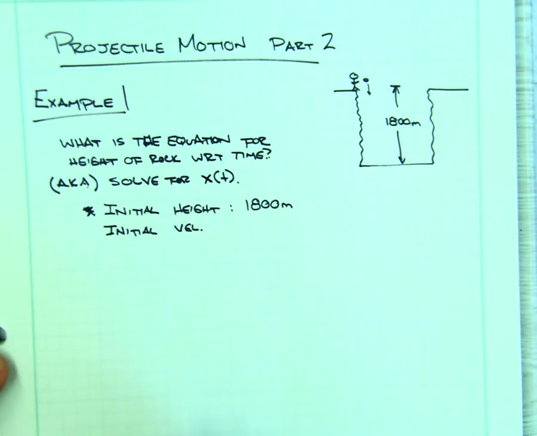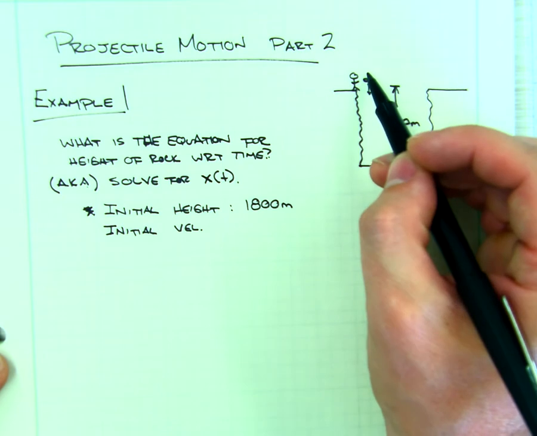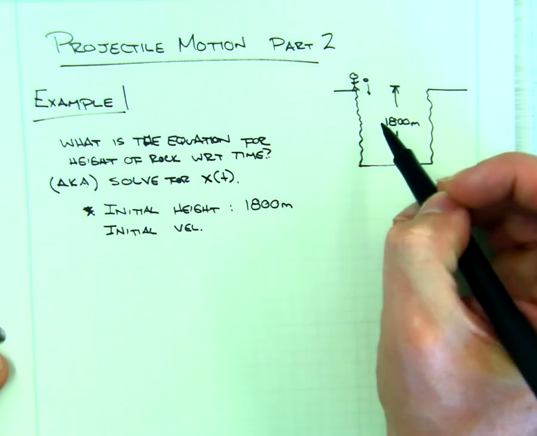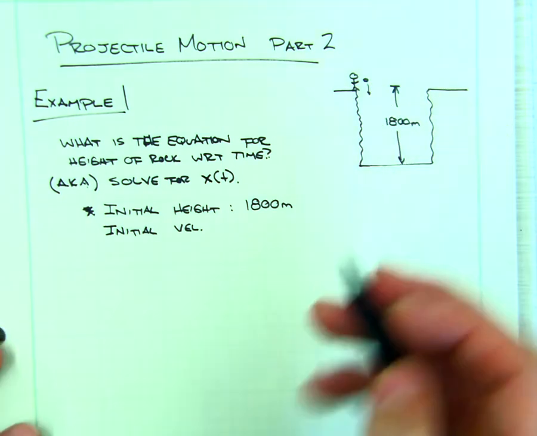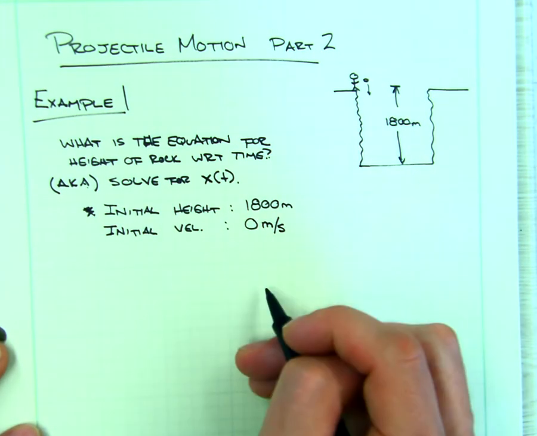It wasn't given to you explicitly, but you're standing on the edge of this canyon, and you're not throwing the rock up, you're not throwing the rock down, you're just dropping it. So the initial velocity is going to be 0 meters per second.